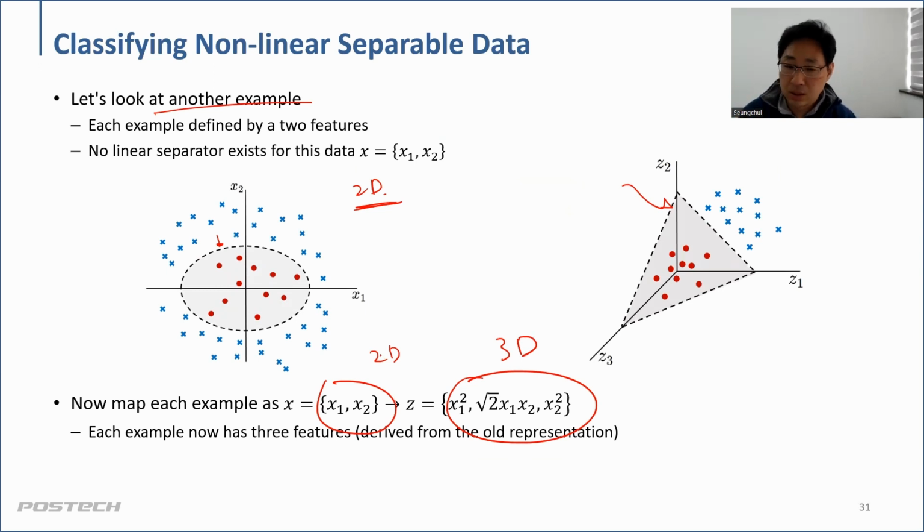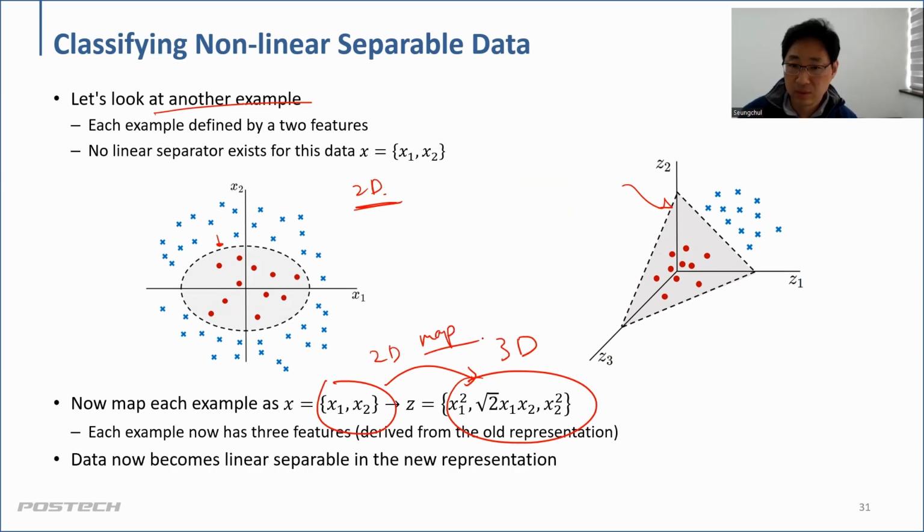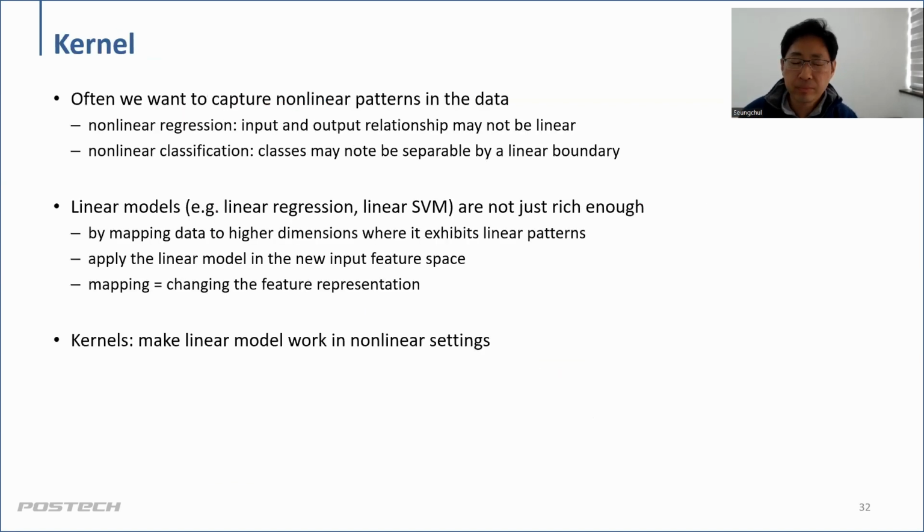One missing part is that I'm not going to show you how to find good mappings. Suppose we have a good mapping function, the data becomes linearly separable in the new representation, in higher dimensions. In general, it has to be higher dimensions. The mapping functions we call kernels.